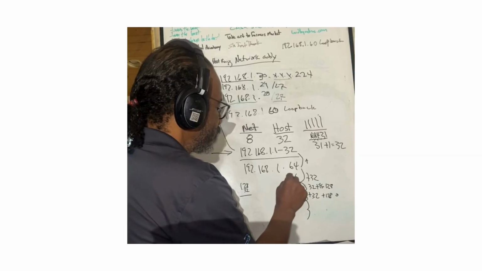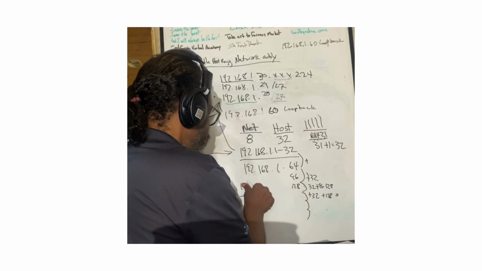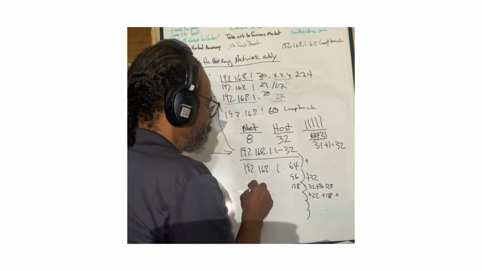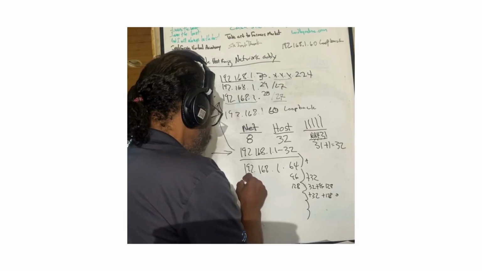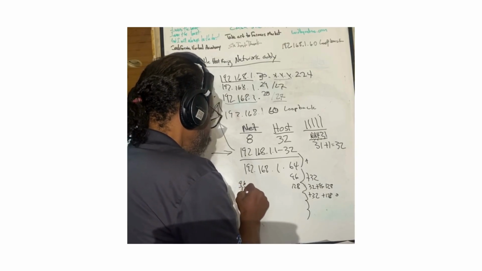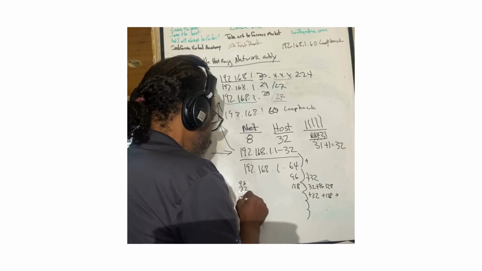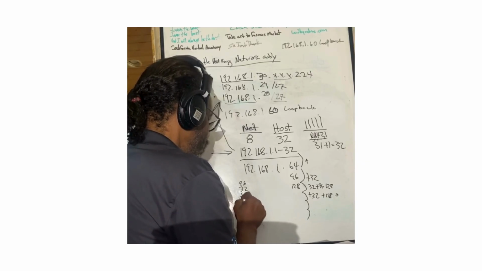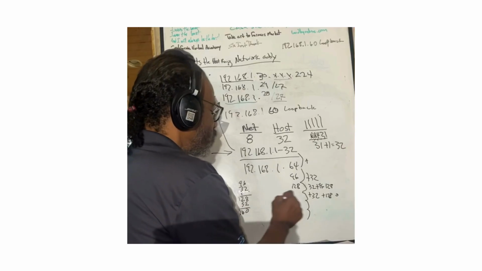Let me see. 64 plus 32 is 96. 96 plus 32 is 128. Yeah, it's 128. Plus 32 is going to be 160.